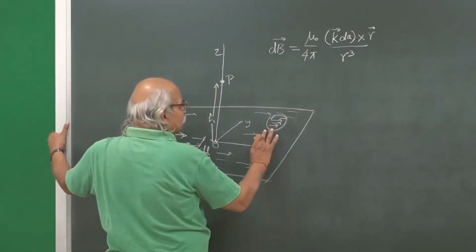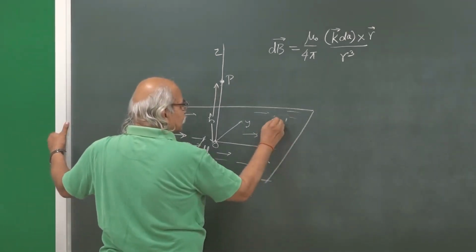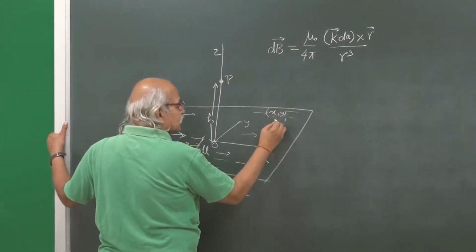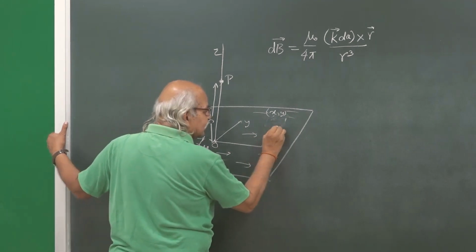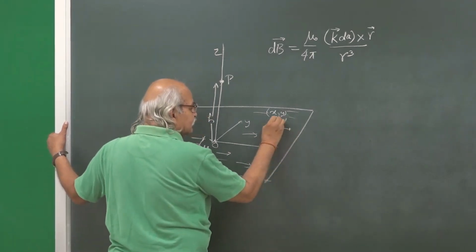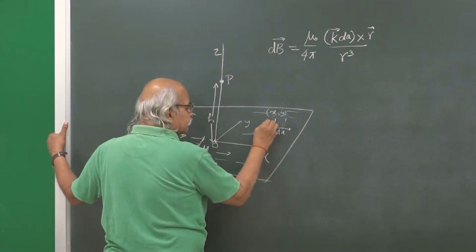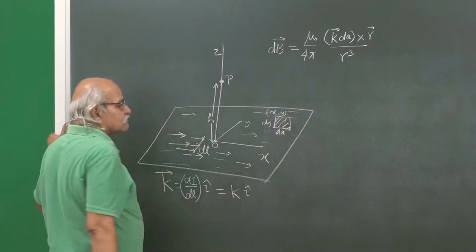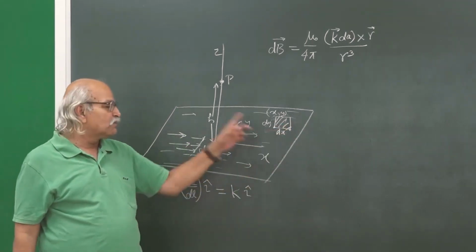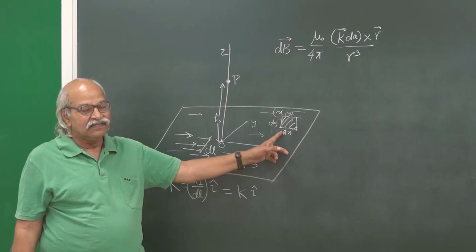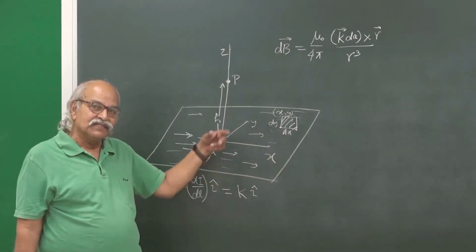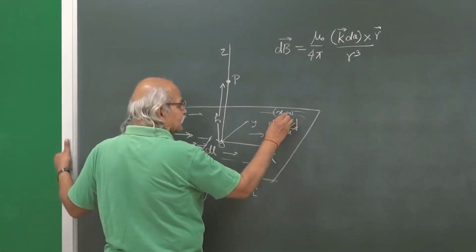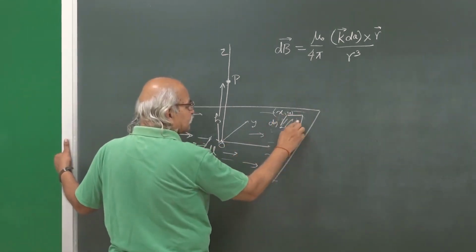So, we can take this area as, suppose this is a general point on the plane, x comma y, then we can say okay fine, we will take dx here and then dy here, and then make a rectangle. This is our area. And then when x goes from minus infinity to plus infinity and y goes from minus infinity to plus infinity, all these areas will cover the entire plane.